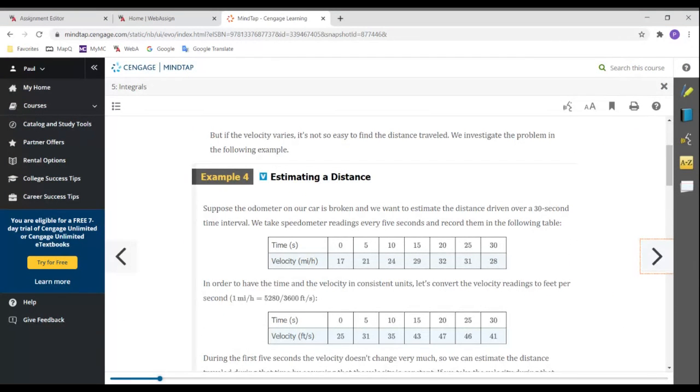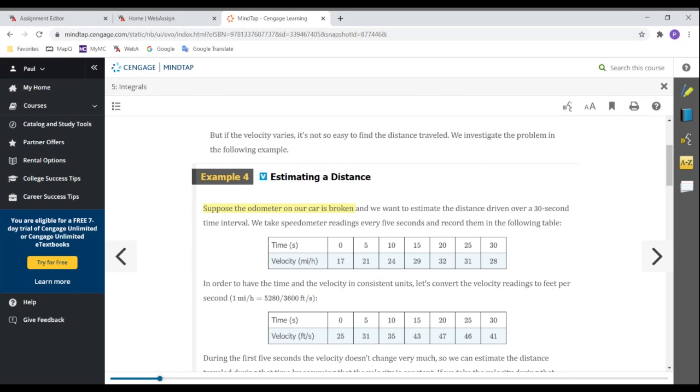In example 4, they say, suppose that the odometer on our car, this is from our ebook, is broken and we want to estimate the distance driven over a 30-second time interval.